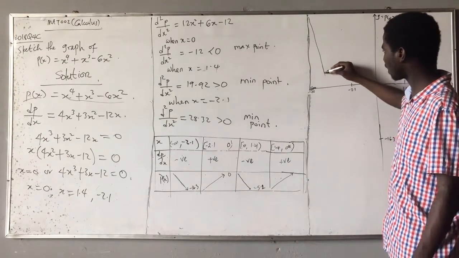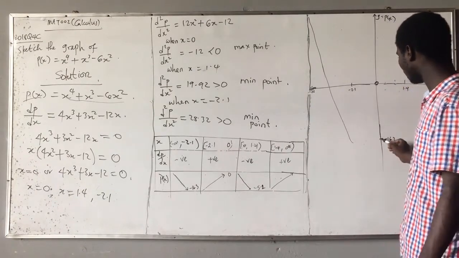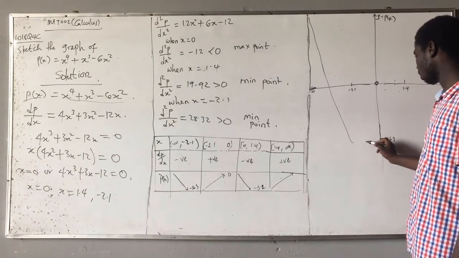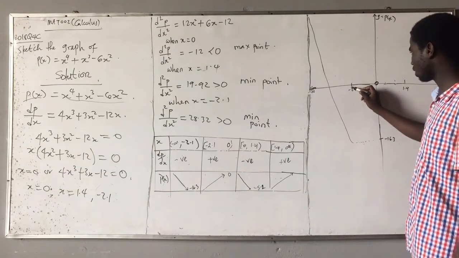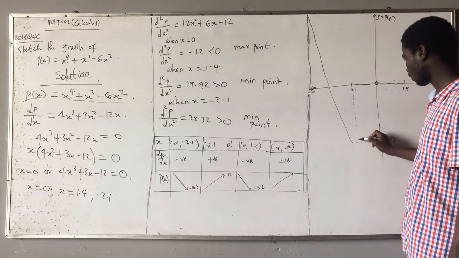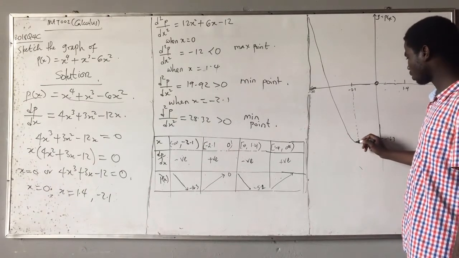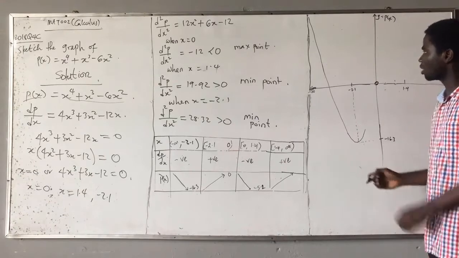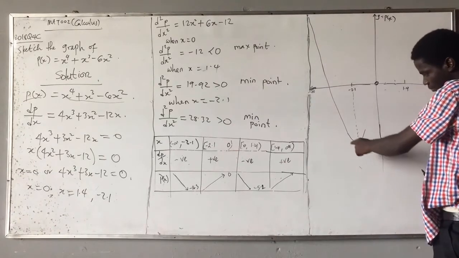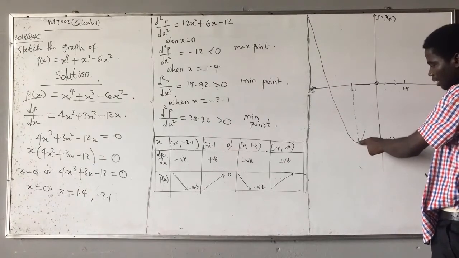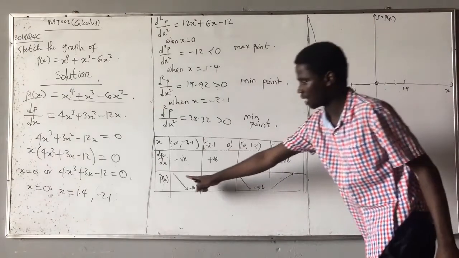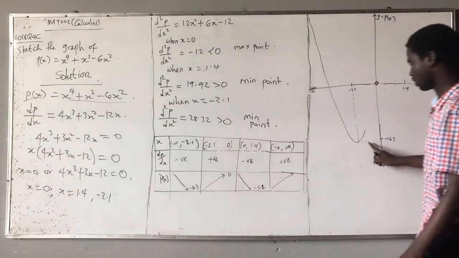So it will be coming down till it gets to this place, minus 16.3 on this spot. Do you see what I'm trying to do? So it will come down till you get here. It will now go up. That will be the graph, minus 16.3 as I told you.